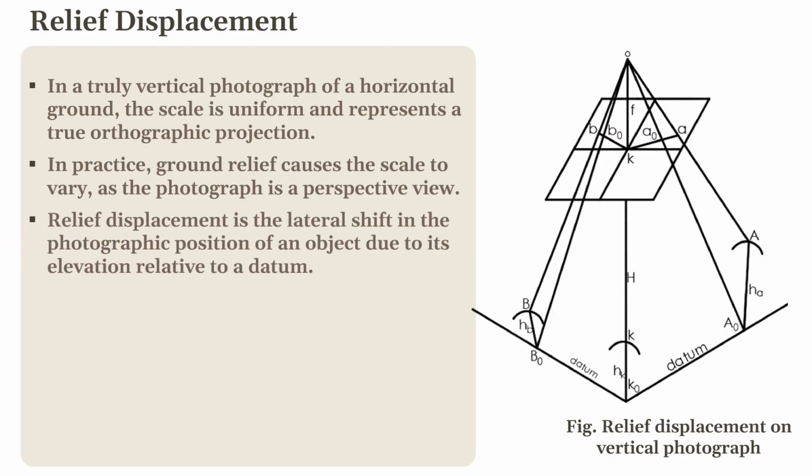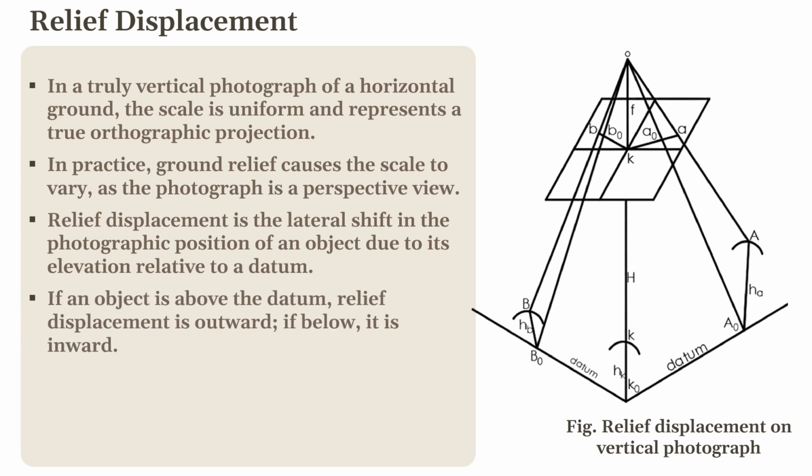When the ground isn't flat, the photo scale varies from point to point, showing the ground relief in perspective, which causes the relief displacement. This relief displacement is nothing but the shift in the photographic position of an image due to its elevation above or below a chosen datum.